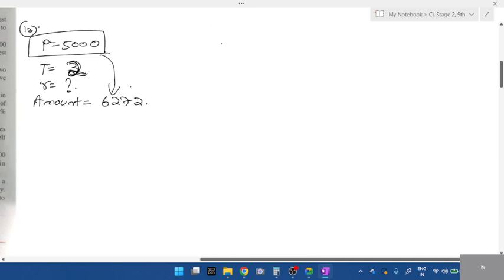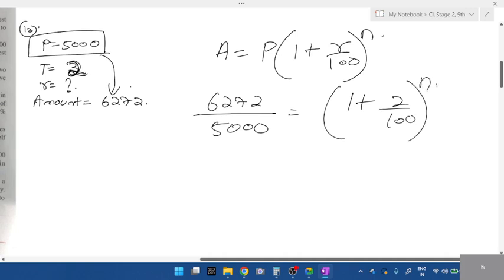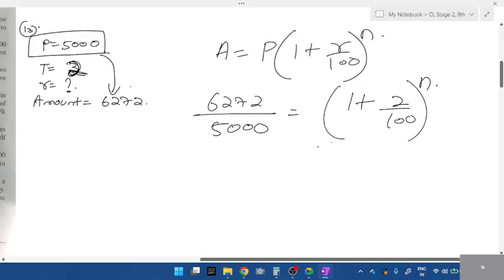What did I tell? Amount is equal to P into 1 plus r by n, to the whole power n. Amount is equal to 6272. Bring this P down. Divided by 5,000 is equal to 1 plus r divided by, oh sorry, n is not given?